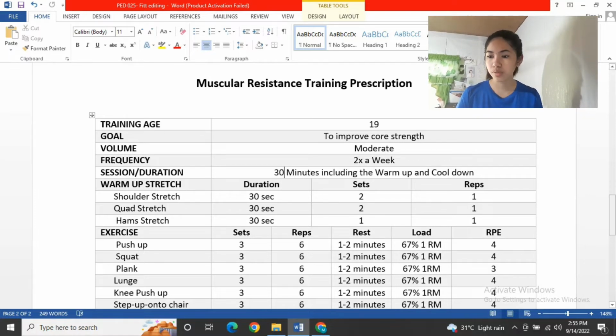In the volume, I will do moderate, because as a first-time exerciser, I will not engage myself in vigorous activities, to also avoid injuries. So I will go to the moderate intensity to prepare my muscles also. In the frequency, I will do 2 times a week. And my sessions and durations, I will do in a total of 30 minutes, including the warm-up and the cool down.